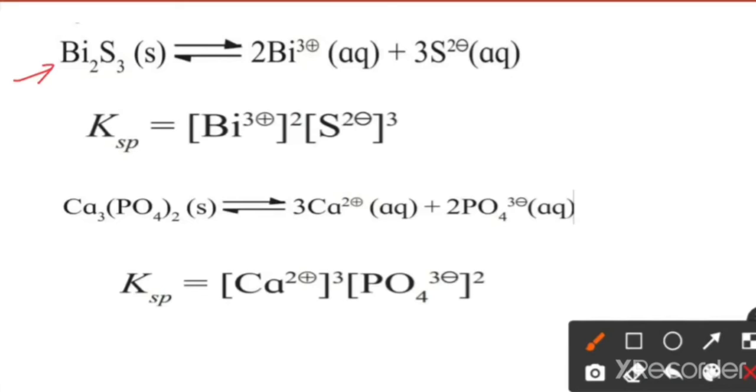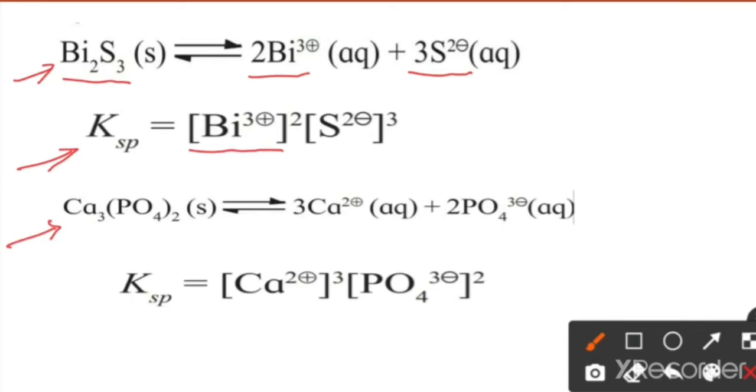Next example, bismuth sulfide gives 2 ions of bismuth plus 3 and 3 ions of sulfide. Solubility product is the multiplication of concentration of Bi plus 3 raised to 2 and concentration of S minus 2 ion raised to 3.